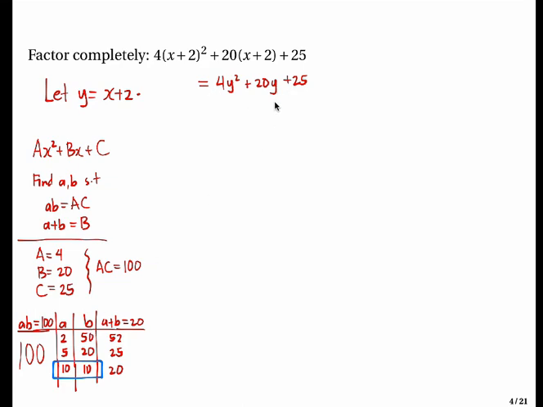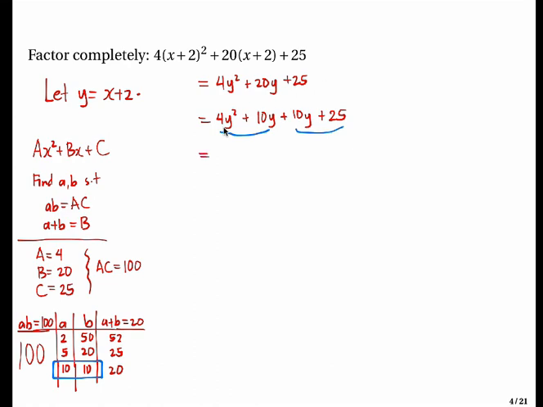So if we do that here, we will get 4y squared plus 10y plus 10y plus 25. And here, when you have this step, we now use factoring by grouping.